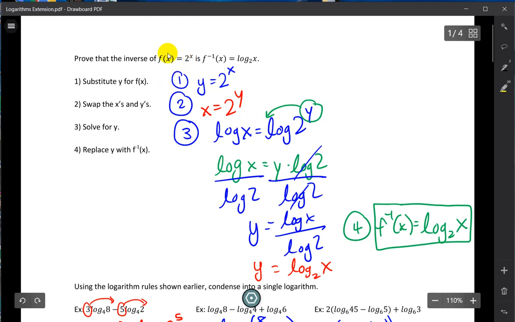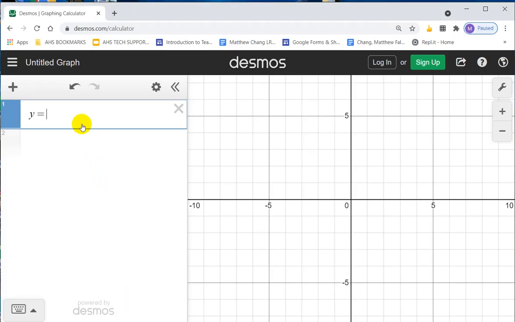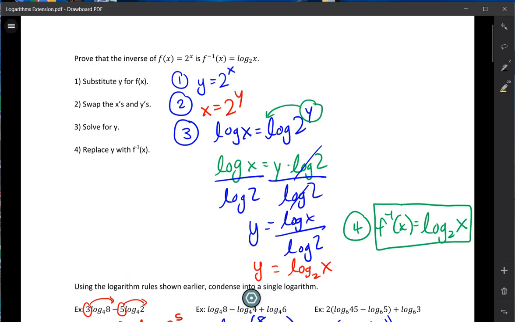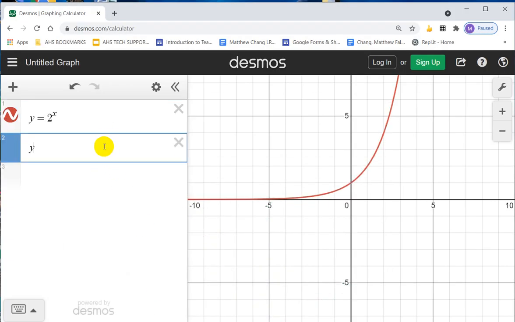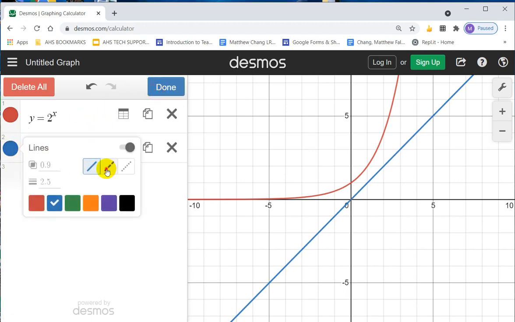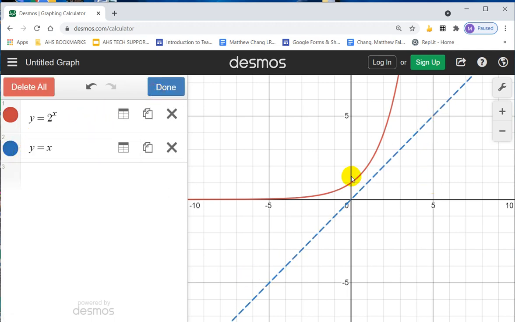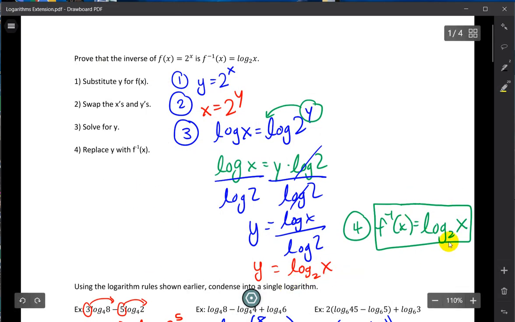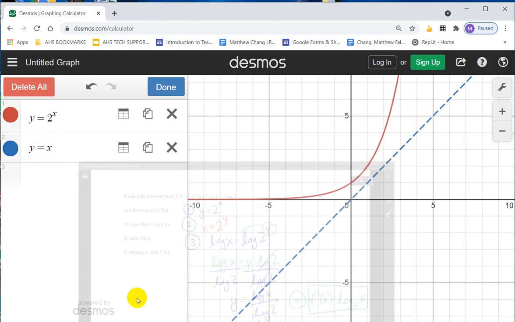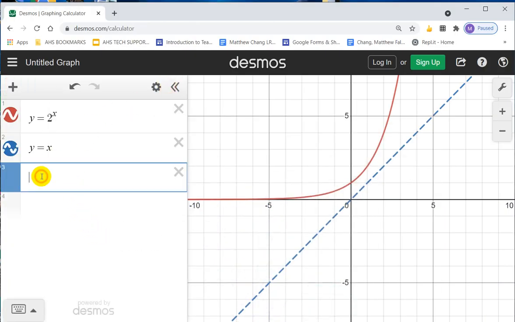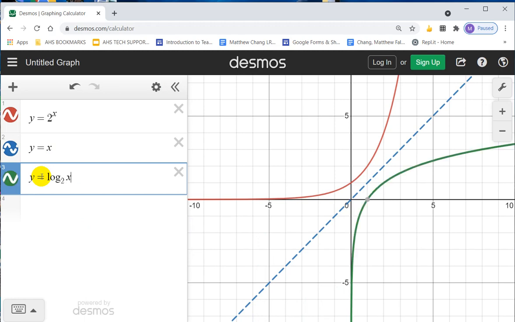Let's graph this function, y equals 2 raised to the power of x. Remember, when we find the inverse, we're creating a reflection across the line y equals x. We said the inverse, as you can see here, was y equals log base 2 of x.